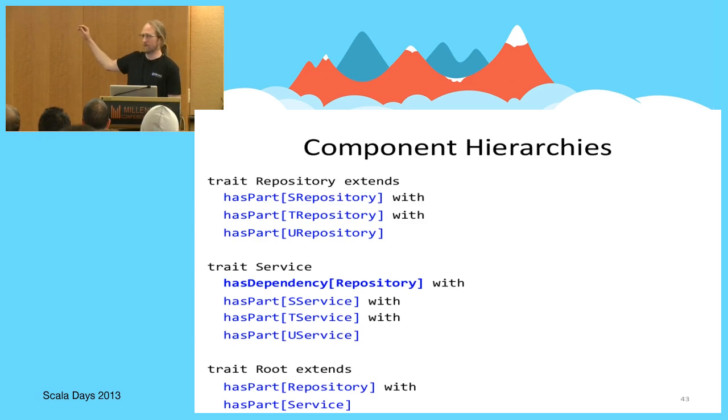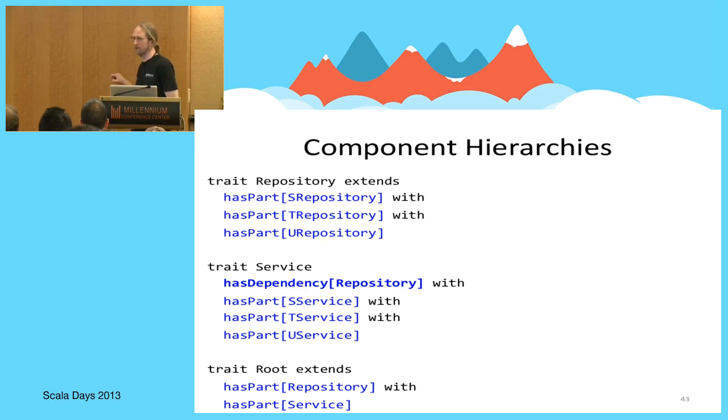So again, as a thought experiment, I've left out the has dependency line there. So now the U service, as we remember, has a dependency on the U repository. What this means is that as a component, the U service has a self-type on the U repository component.